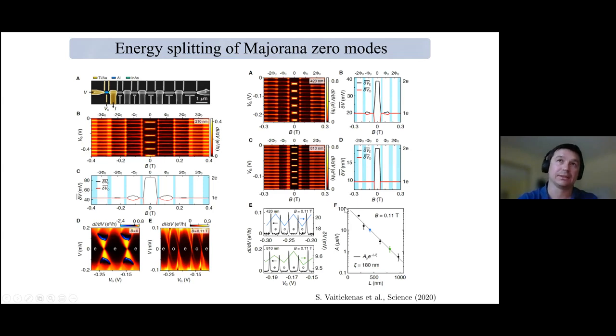They find that if you, at the end of the day, collapse all the data points in this plot, things look similar to an exponential plot, and they extracted this coherence length, which actually is pretty close to what we expect from theoretical simulations. So that's a good sign.